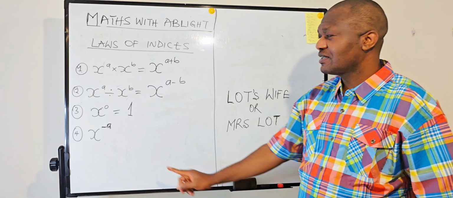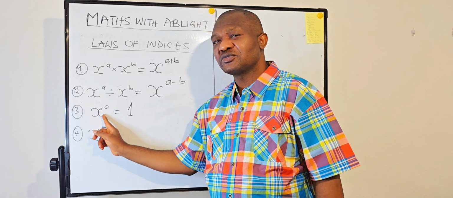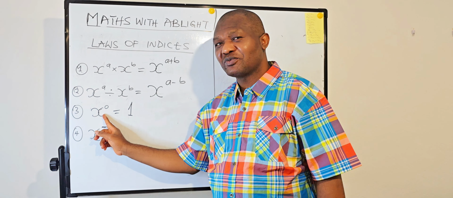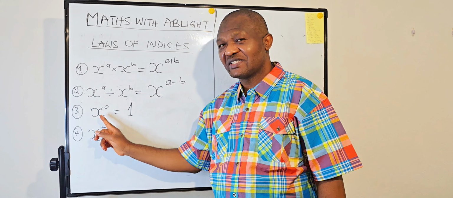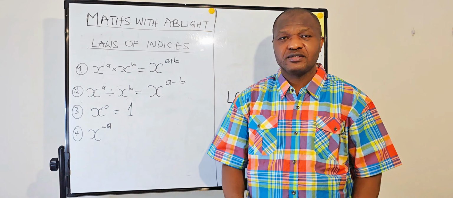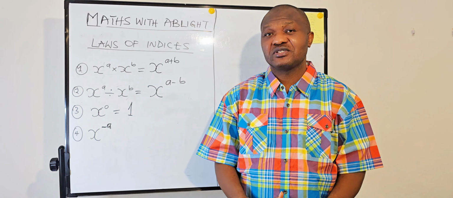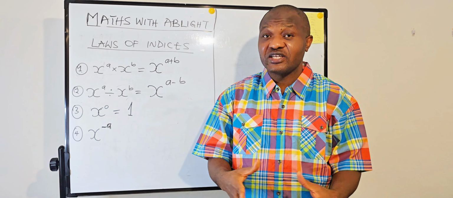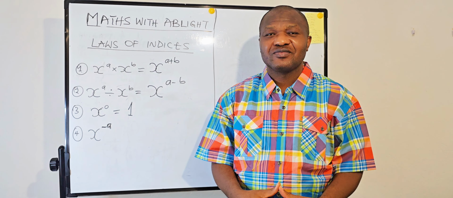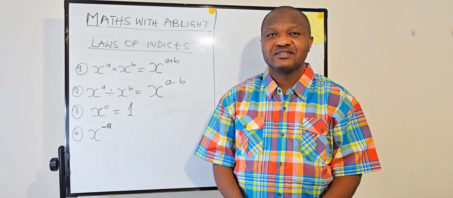Immediately she looked back, she was raised to power 0. And do you remember what happened in that story? Those who have read the story, she turned to 1 immediately. And according to history or story or legends, that 1 is still there till date.